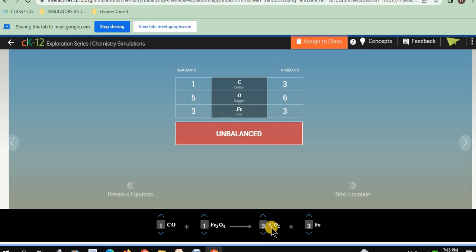But if we make 6, then again we have to make 2 here, CO. Then again problem. Make it 2. But here 3 CO is there. Shall I make 2 here? Okay.